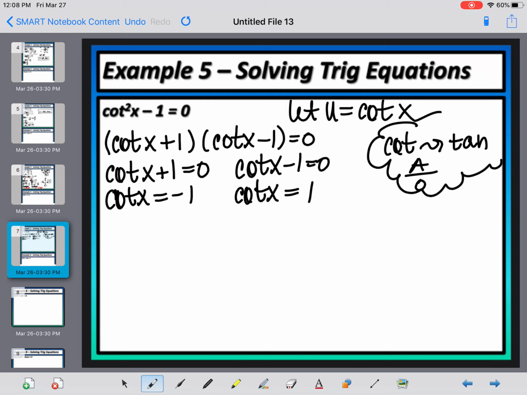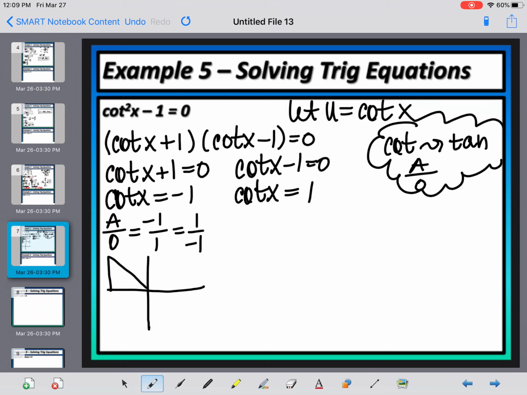So my ratio here is going to be adjacent over opposite. So negative 1 over 1, 1 over negative 1. Okay, can you have a special right triangle that has an adjacent and an opposite side of 1? Sure, it could be a 45, 45, 90.